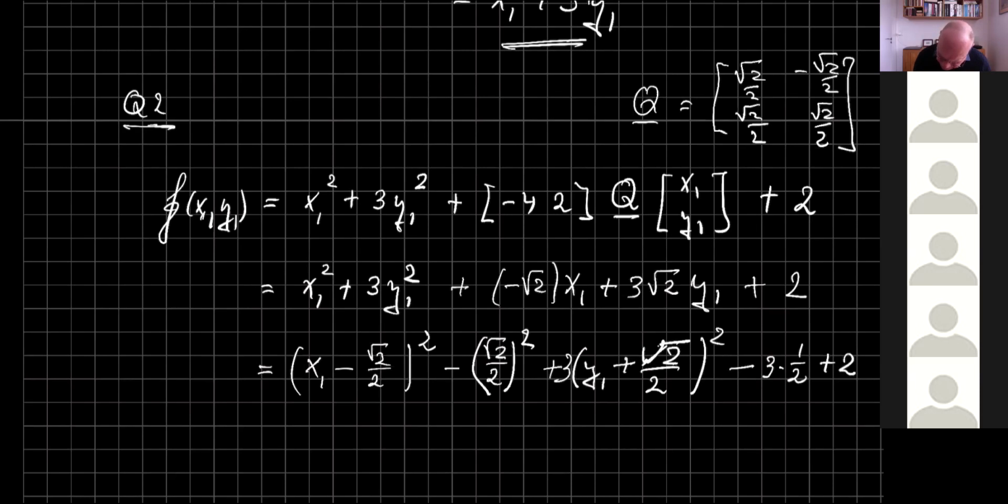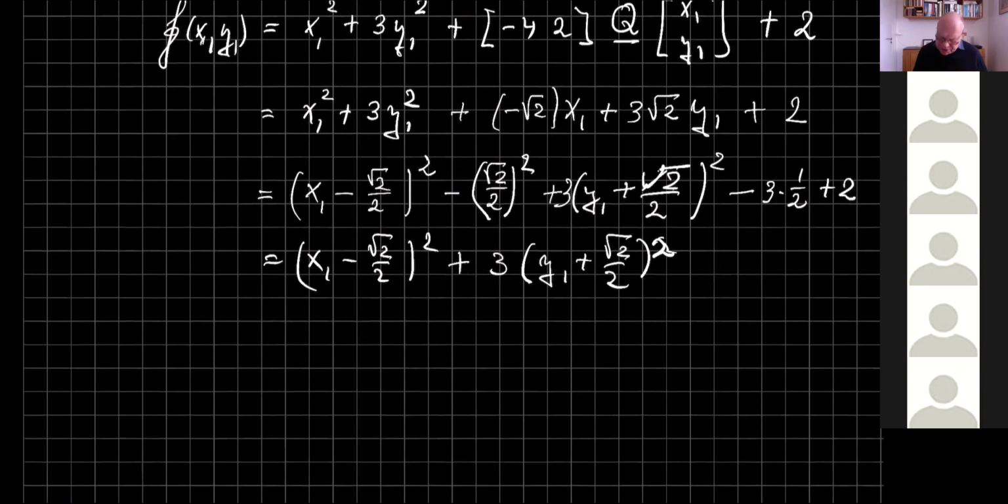So you see you have minus 1 half, minus 3 halves, and plus 2, that is 0. So the result is x1 minus square root of 2 halves, squared, and then you get 3 times y1 plus square root of 2 halves squared.